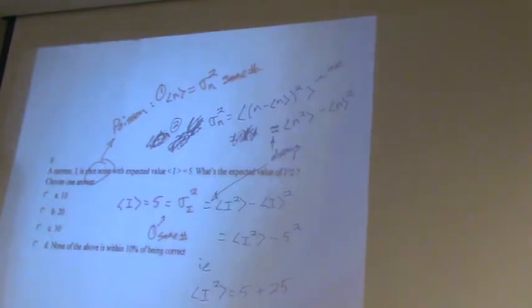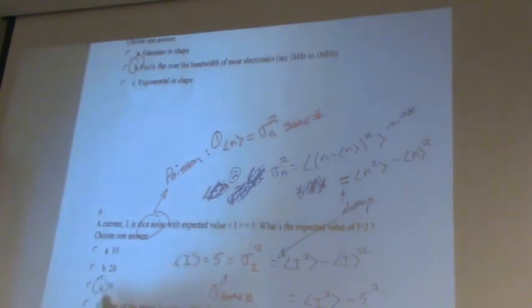In other words, just rearranging some terms here, this will then be equal to 5 plus, what's 5 squared? 25. What's 25 and 5? 30. Is that on my list? Good. Okay.